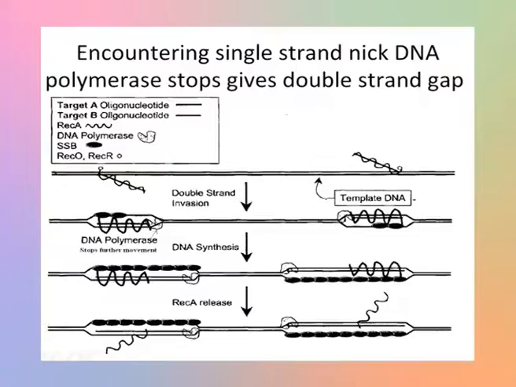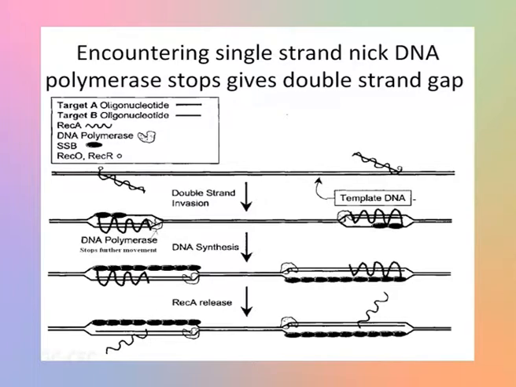Otherwise, if it sees some sort of single stranded gap, then it stalls the replication over there, creating a double stranded break, which in turn will be repaired by several post dimer initiation strategies like the recombination process.